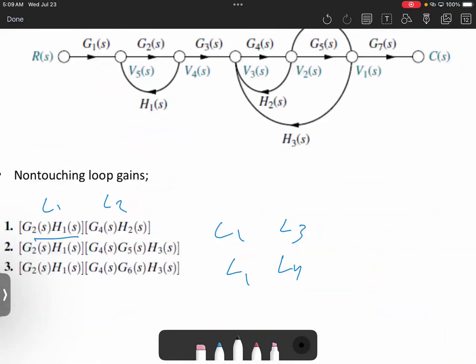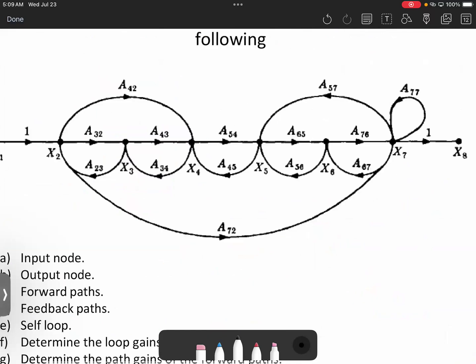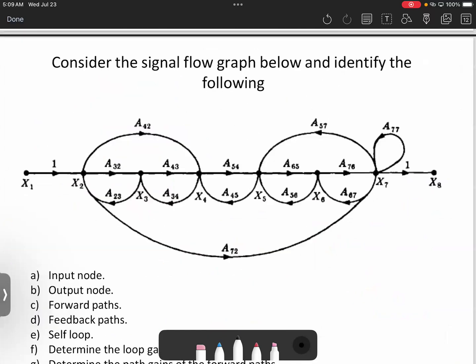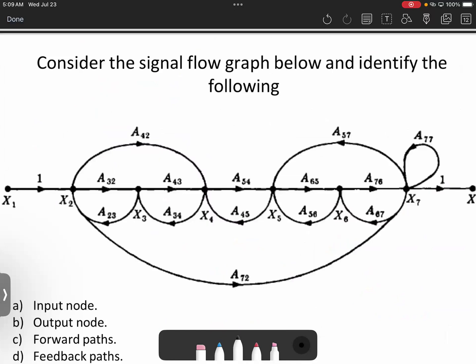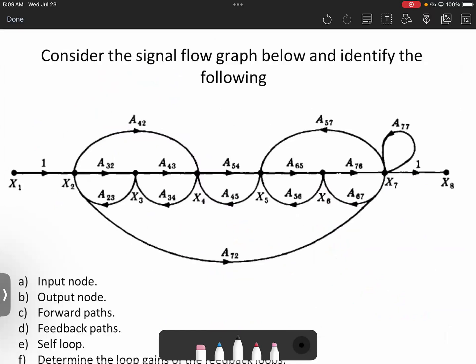Now, here is the example. It looks scary, but it should be fine. The first thing we need to determine is the input node. Where is the input node? X1. Why? It's the only node where all of the branches go out. Therefore, definitely it is the input node.